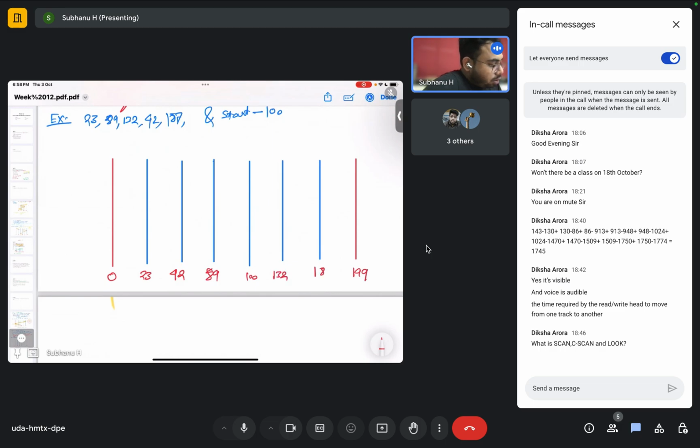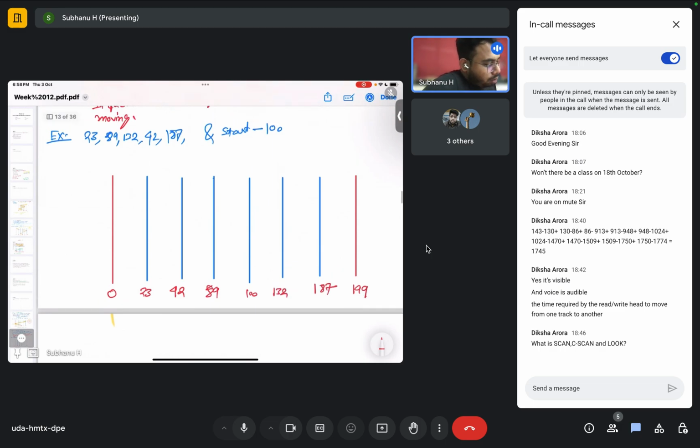So how will I move? My starting position is 100. I'll be moving towards the zero side.